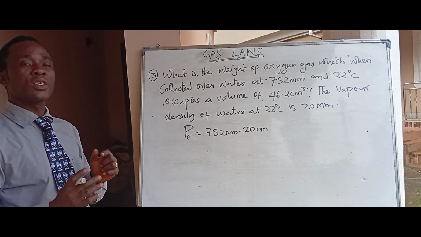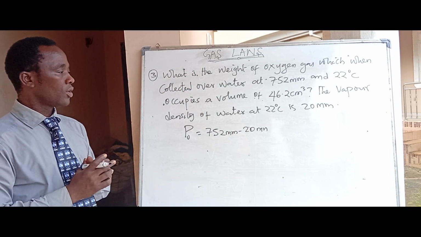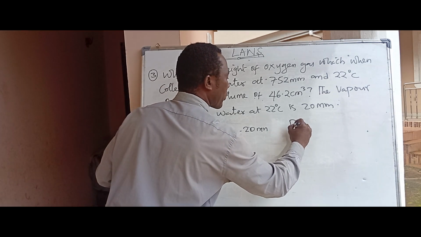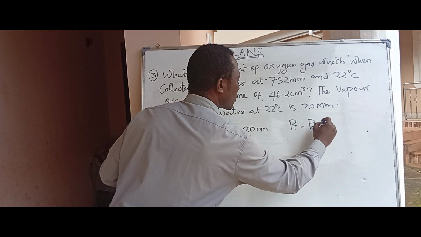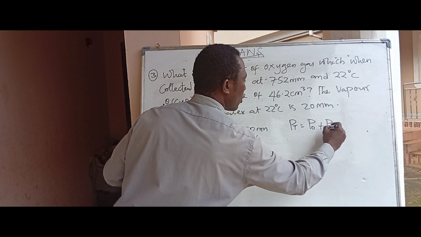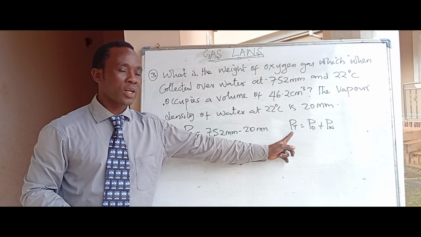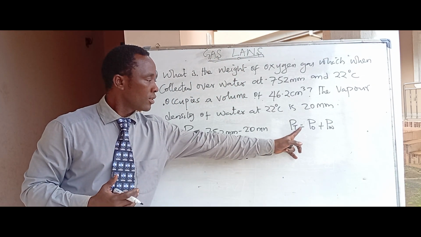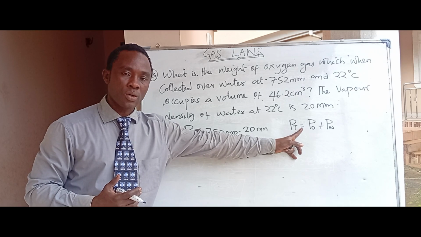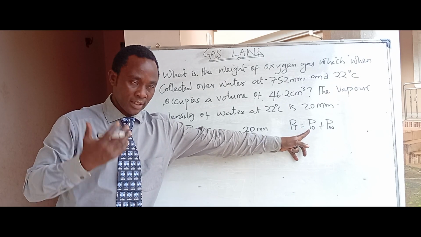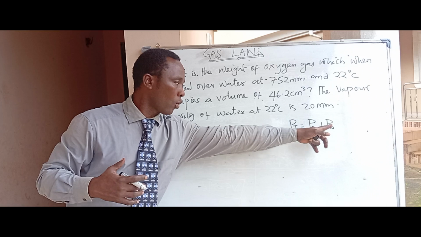Now, because oxygen is collected over water, the total pressure will become the pressure of that oxygen plus the pressure of water vapor. Total pressure when a gas is collected over water is equal to the pressure of that gas plus the pressure of water vapor.